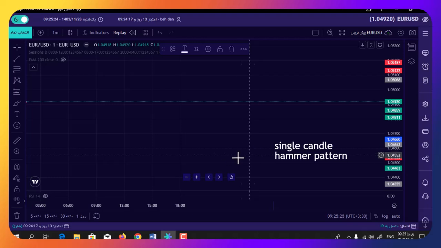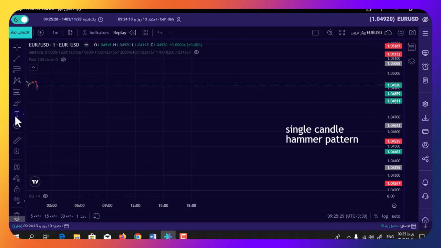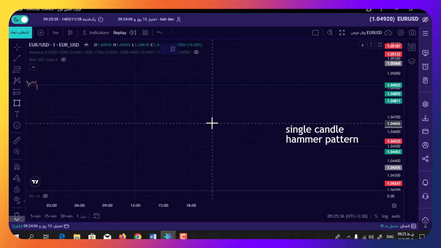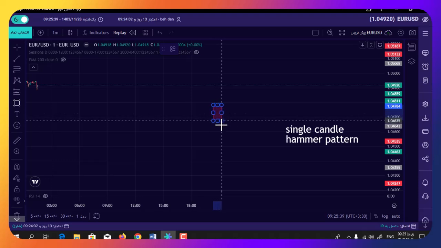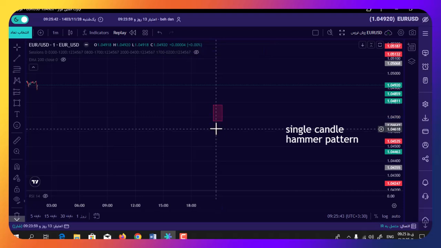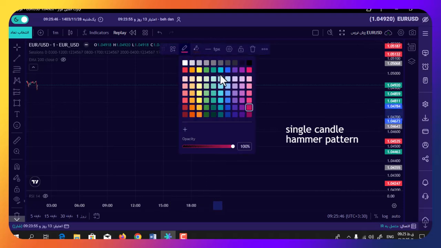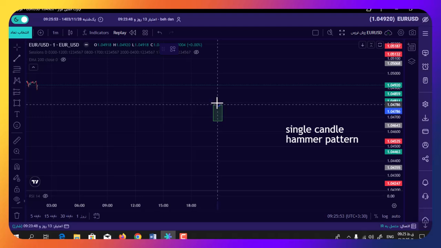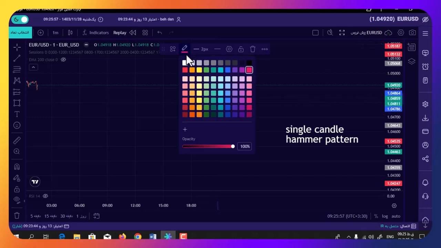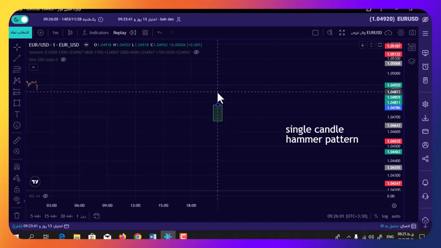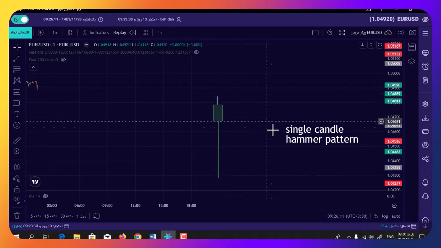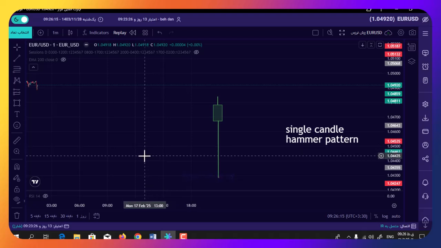Characteristics of the hammer pattern. This pattern consists of a single candle.